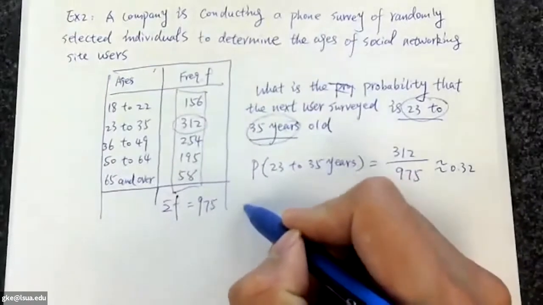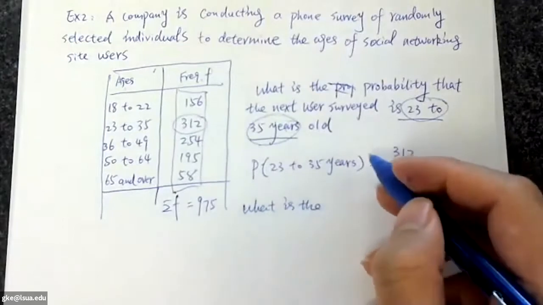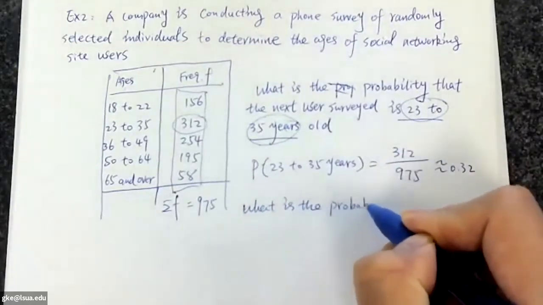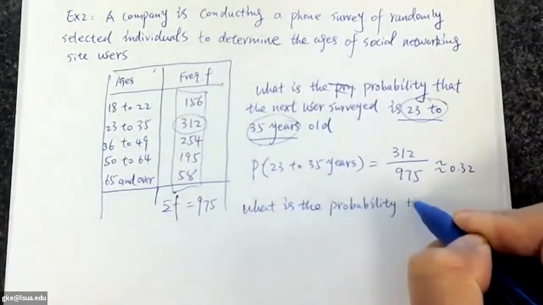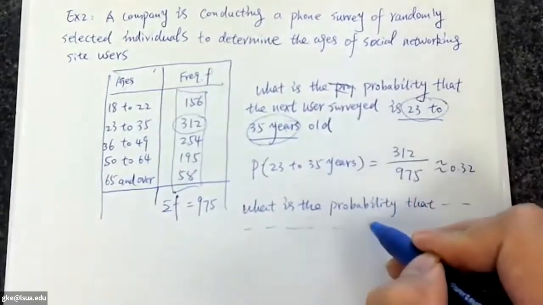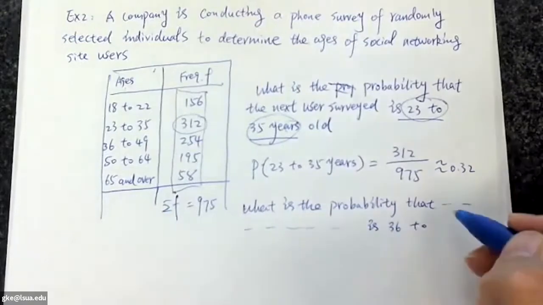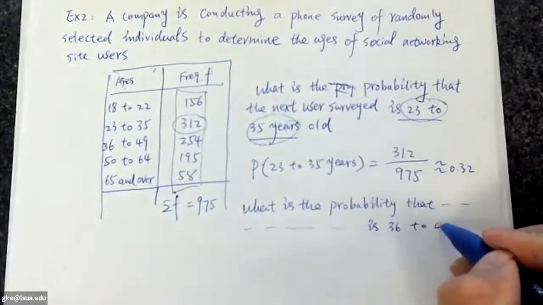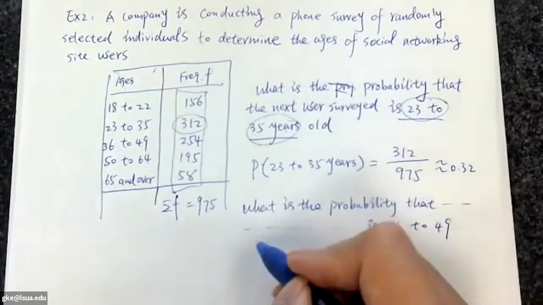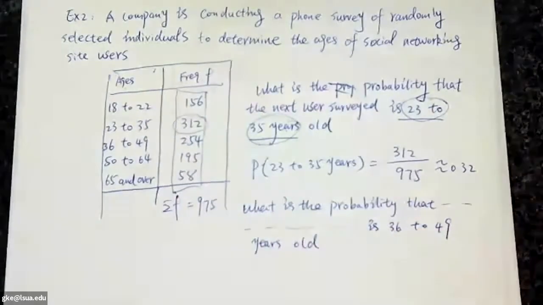What is the probability that the age is 36 to 49 years old? Okay, try this one for me.